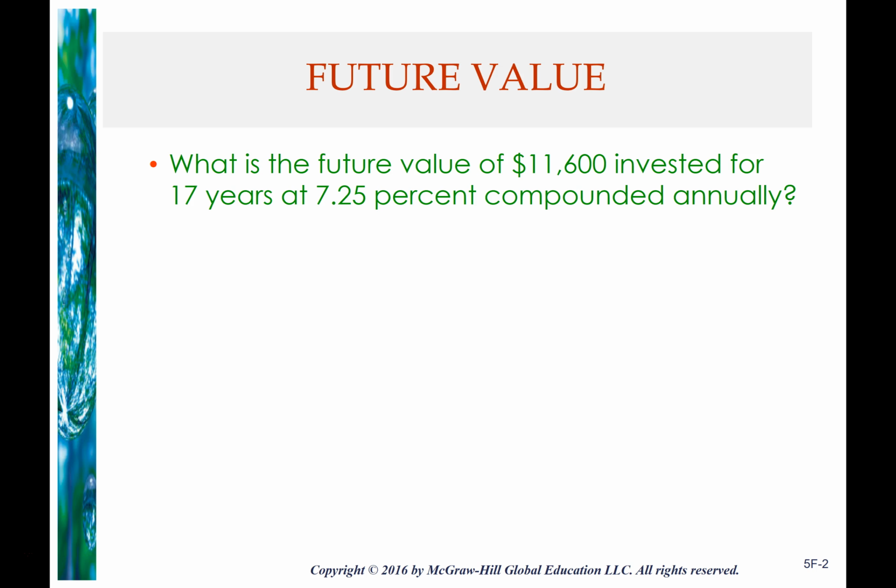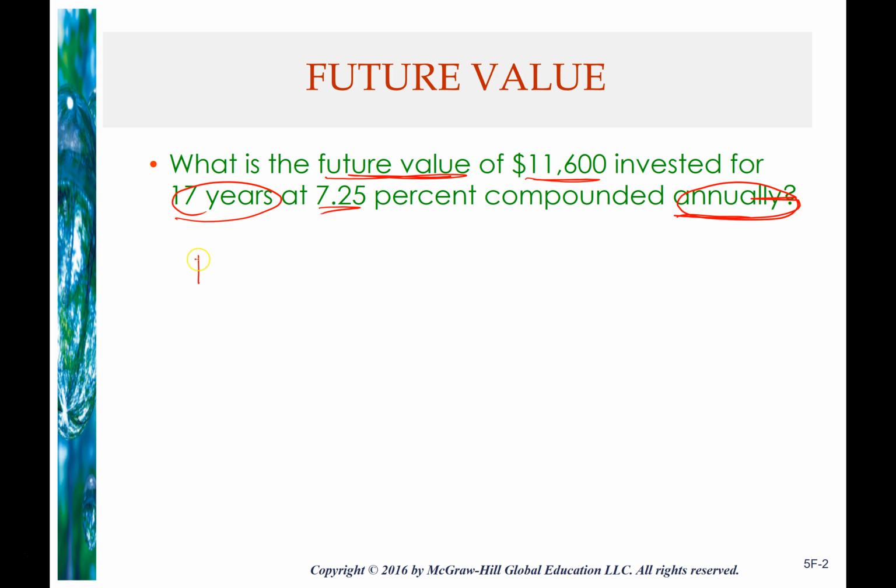All right, the first one is simple. It says, what is the future value of $11,600 invested for 17 years at 7.25% compounded annually? Remember, I said those keywords are very important. Annually. What are we looking for? We're looking for the future value of the present value. Invested for 17 years at 7.25%.